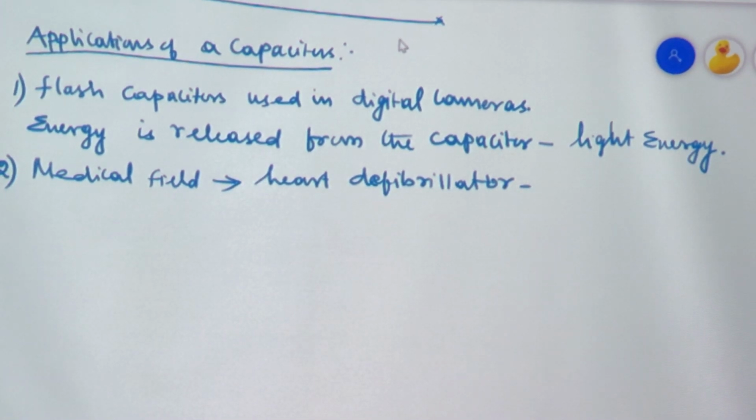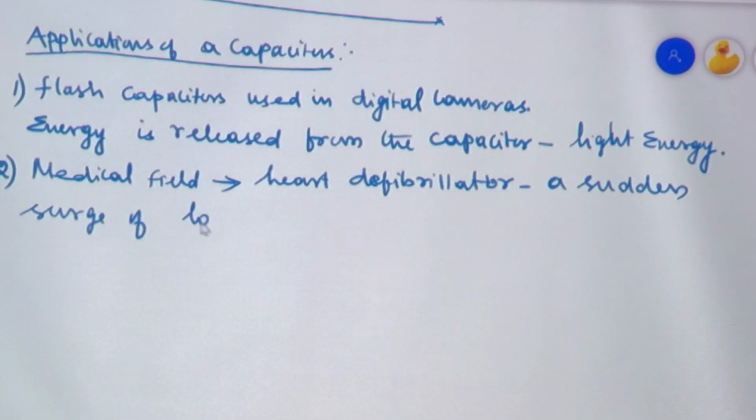In the heart defibrillator, a sudden surge of a large amount of electrical energy is discharged.